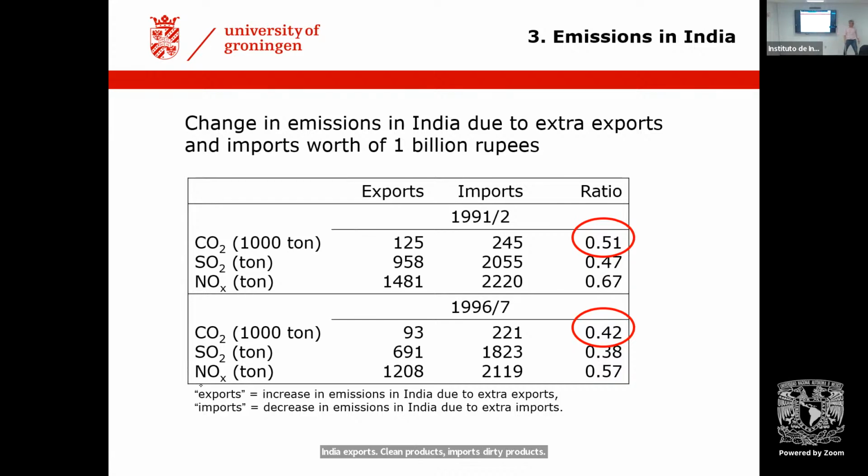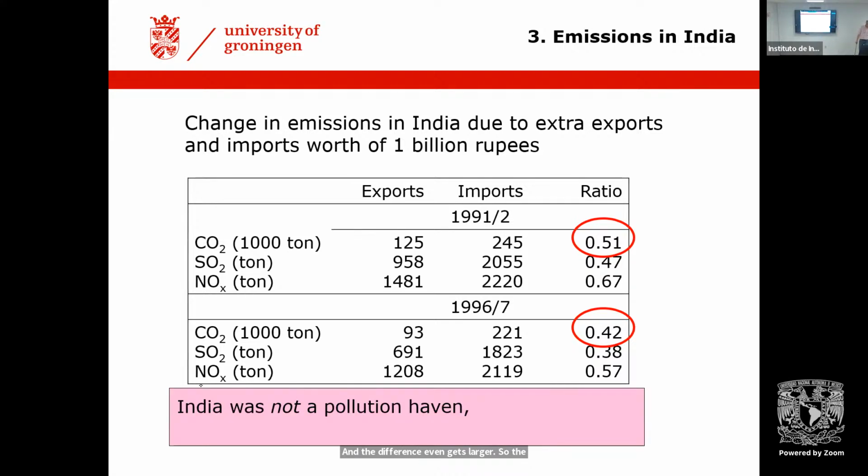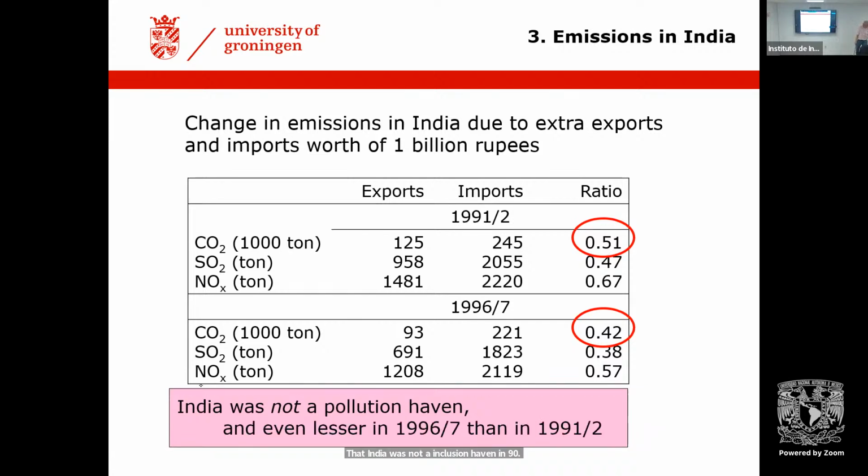So our conclusion is that India was not a pollution haven in 1991, and even less so in 1996. So it even gets further away from being a pollution haven. This is what you observe also for other countries.